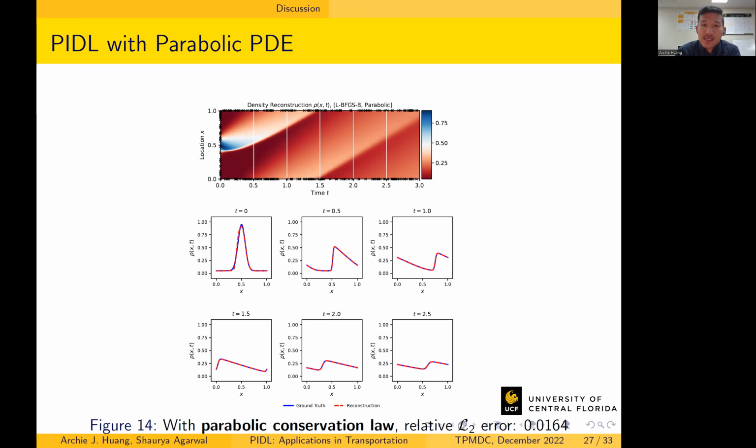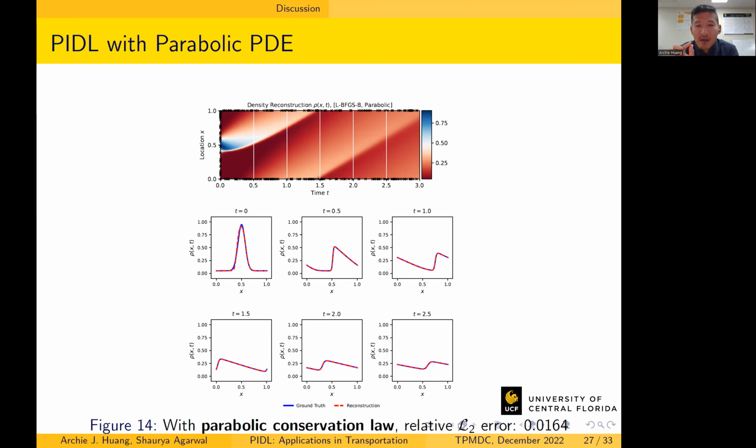Given a portion of the boundary and initial observations, the PIDL neural network is able to reconstruct this traffic density data set exceedingly well. The ground truth and the reconstructed lines align with each other very closely, and we get a really low relative L2 error.